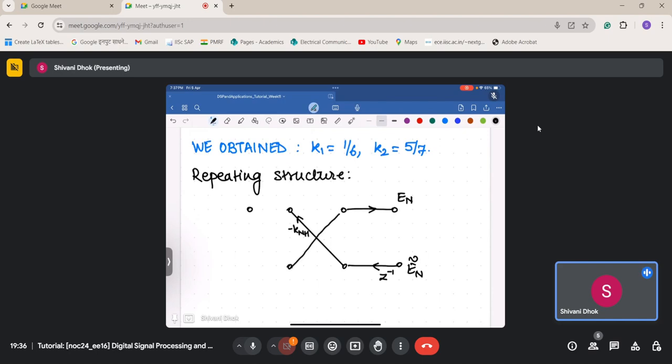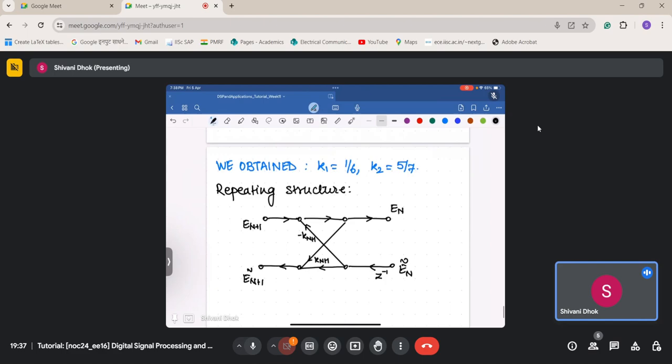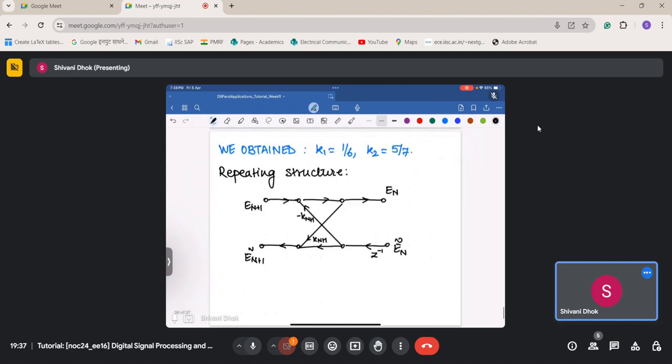Then this will have Kn plus 1, like this. Here we will be having En plus 1, and here we will be having En plus 1 tilde. So this is the structure that we are having. Now this structure repeats itself.